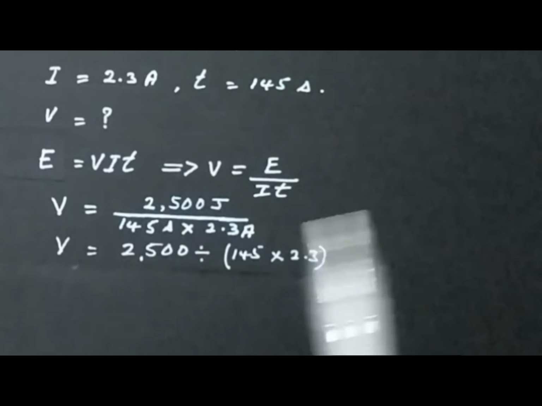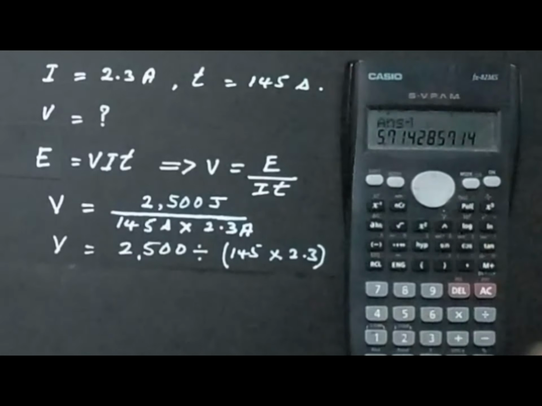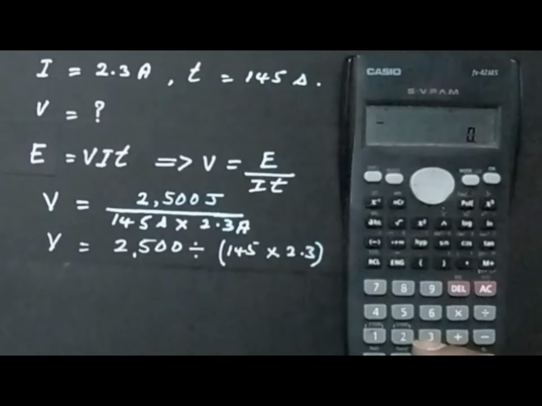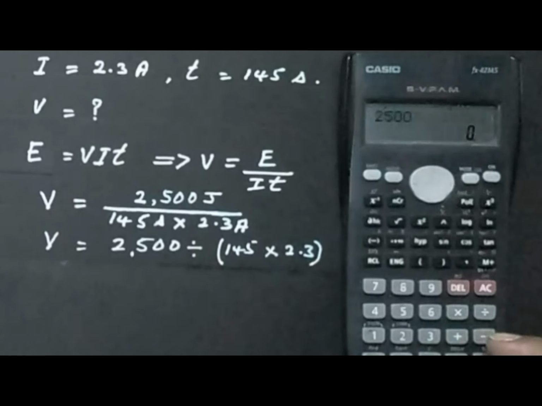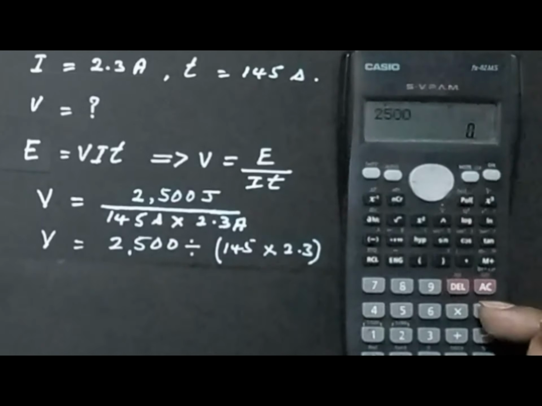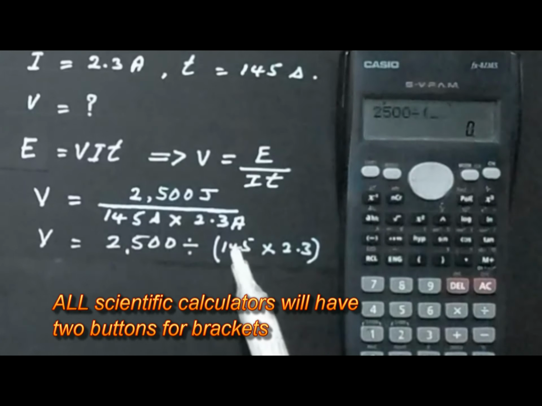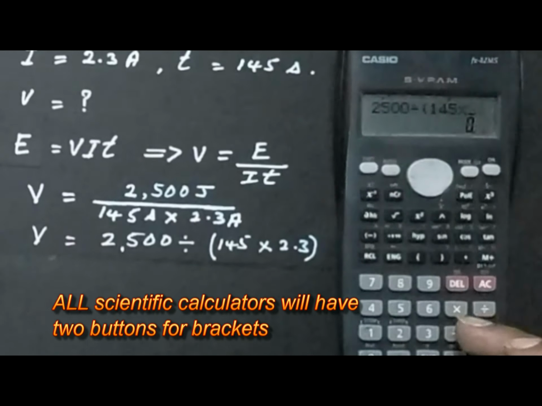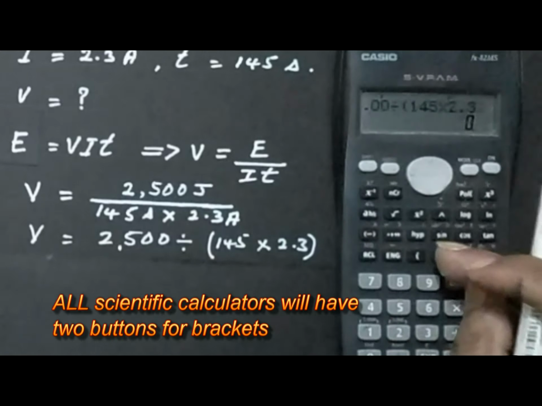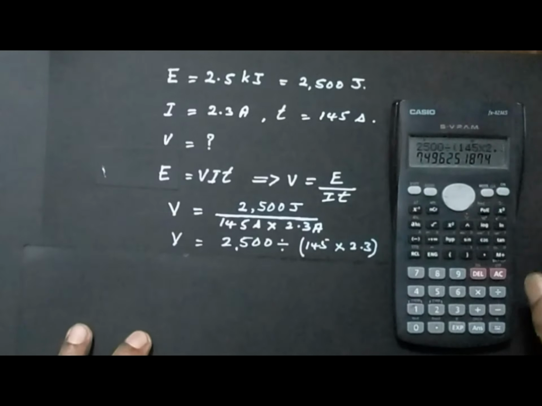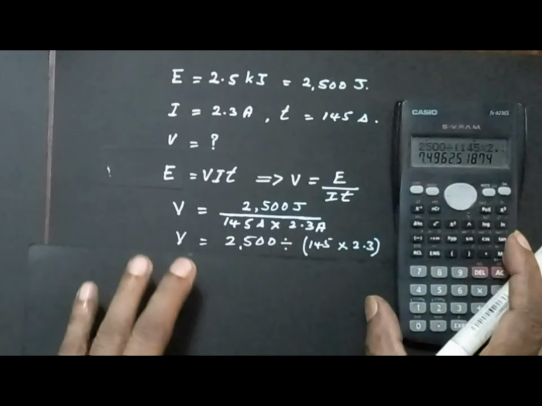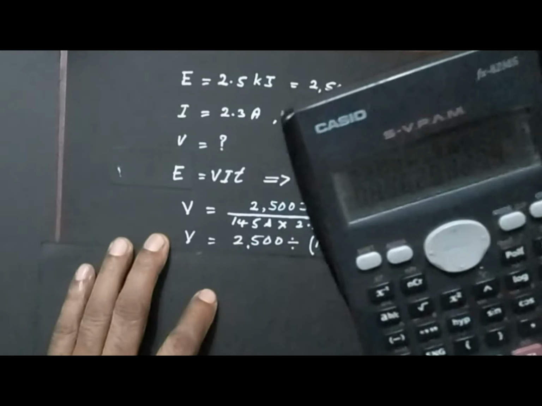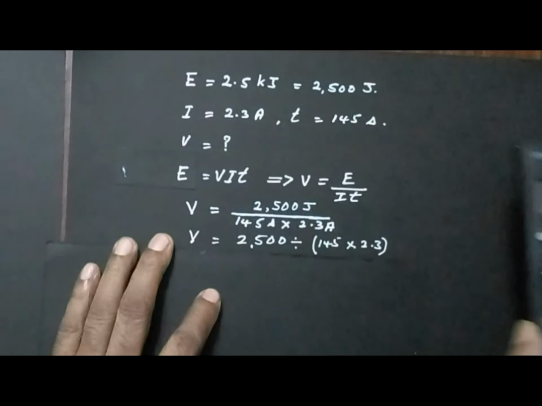So what you need to do, according to your calculator, you get 2,500 divide by open bracket 145 multiplied by 2.3 close bracket, equal, and this is what we get, 7.496.